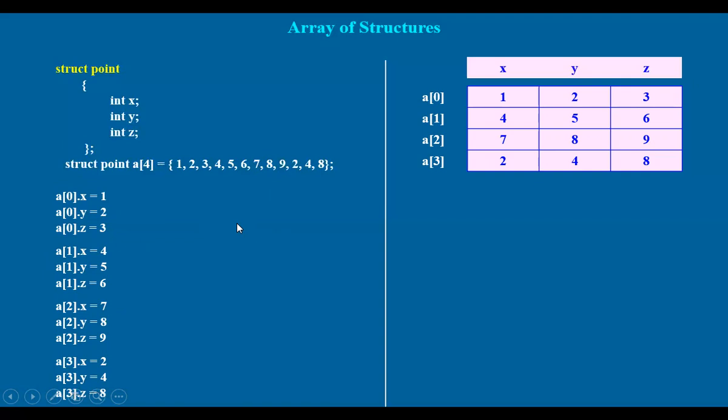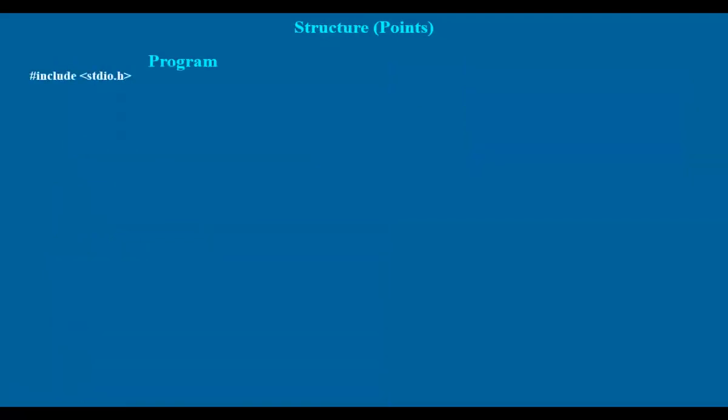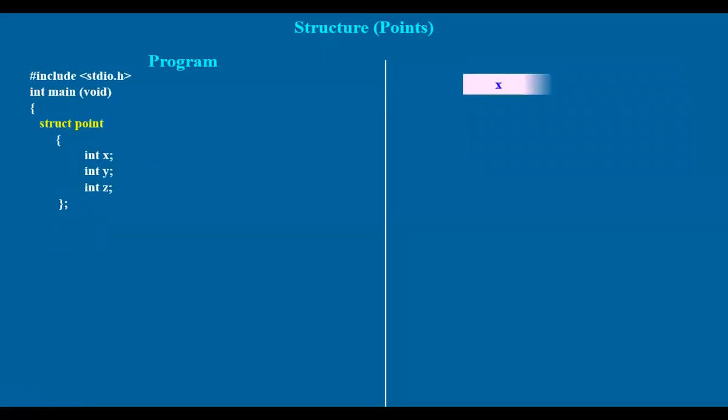Now, let's see how they are used. You take a point, the same structure, with the three fields x, y, z. I have declared A1, which is not an array, just a single structure named point, and the values are given like this: .x is equal to 5.